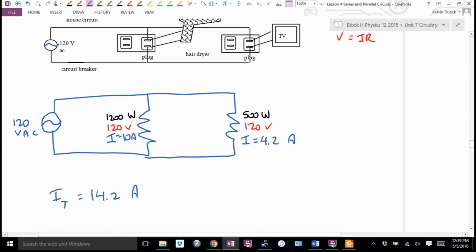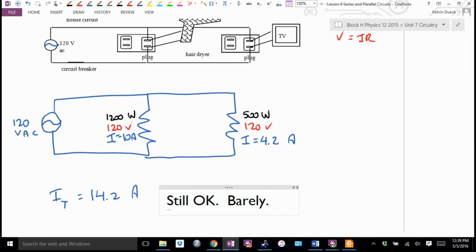It took a while for the wires to heat up enough for their resistance to increase, to require more current. But in our magic physics world, our wires are never going to have any resistance, so we would say barely. Plug anything else in, you're almost certainly going to trip a breaker.